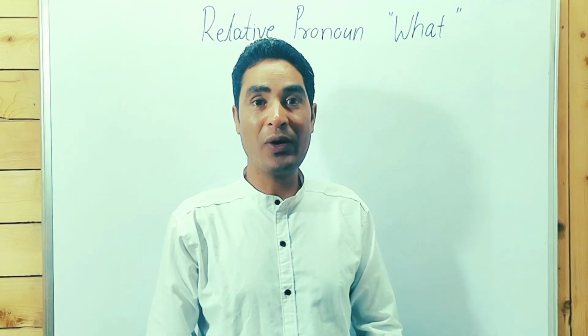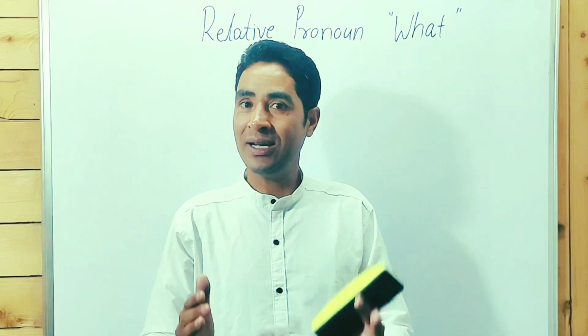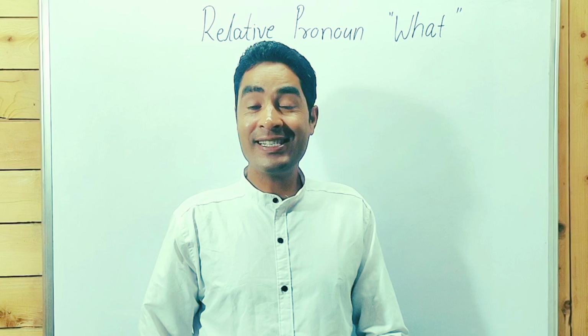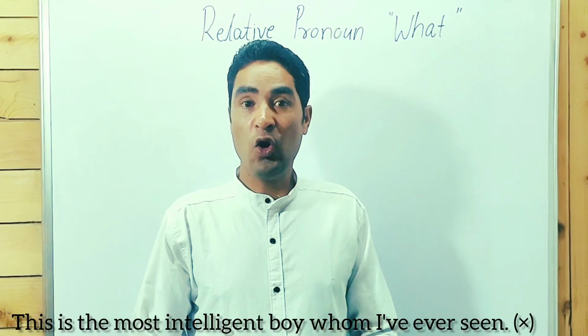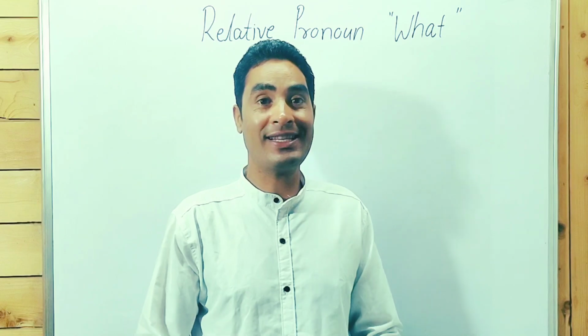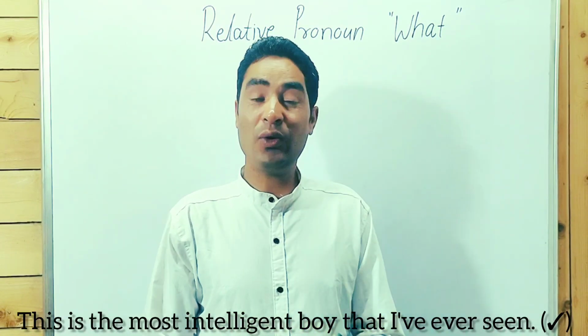When we use the superlative degree with an antecedent, in this case we use the relative pronoun that, not who, not which, not whom. "This is the most intelligent boy whom I ever seen" is an incorrect sentence. We have to say "This is the most intelligent boy that I have ever seen", which will be the correct answer.